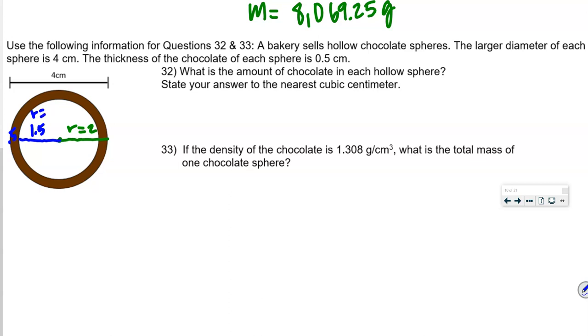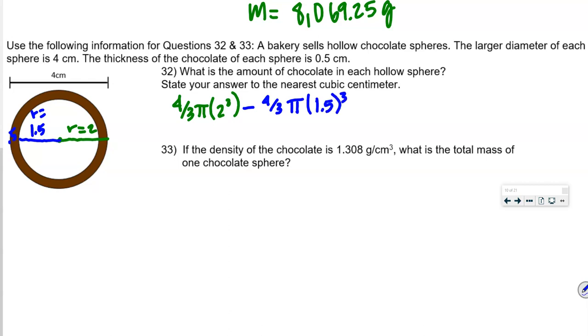So what we're going to do now is we're going to find the volume of the outer one with our formula for a sphere. So that's 4/3 pi times 2 cubed, and we're going to subtract from that our 4/3 pi, and then 1.5 cubed, okay?